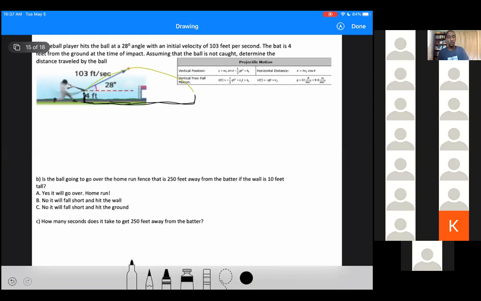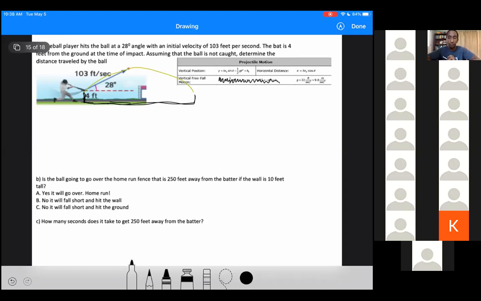So thinking about that, which equation would we be using to help us find that? Ideas? We're not using this because it's not free fall. Which equation will we be using to help us determine the distance traveled by the ball?